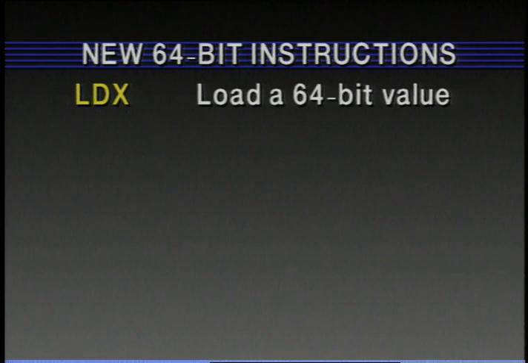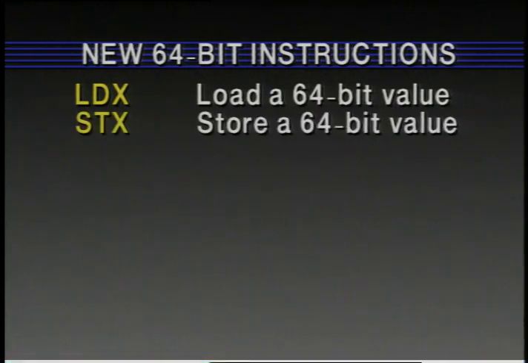So what did we do? Well, here's a list of some of the new 64-bit instructions we provided. We provided a load extended instruction to load a 64-bit value into a register, and a store extended to store a 64-bit value. The real question is then, what happens with the old 32-bit loads or stores? Do they sign extend, or are they an unsigned load?